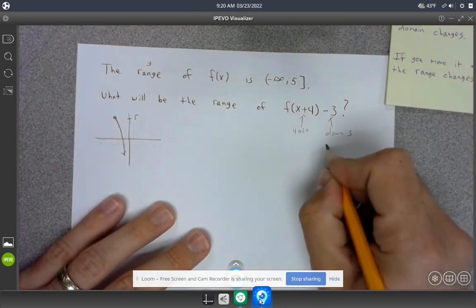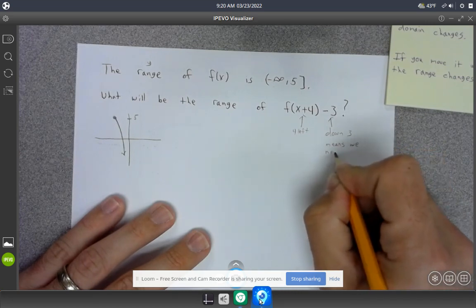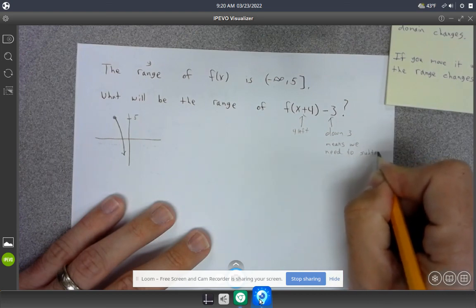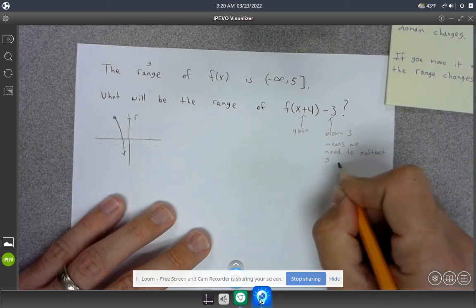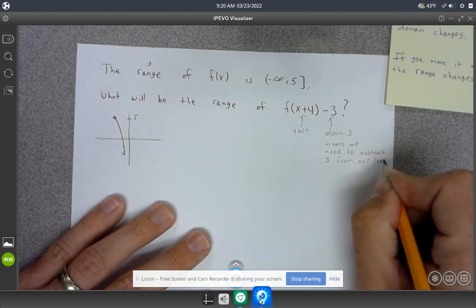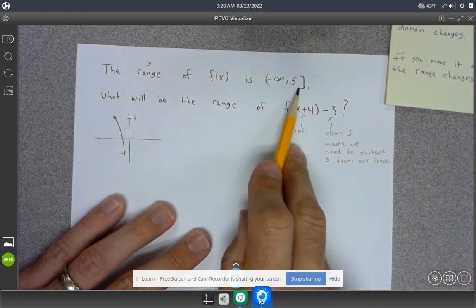Okay, down 3 means we need to subtract 3 from our range. And that's what I'm going to do. I'm going to subtract 3 from both of these endpoints.